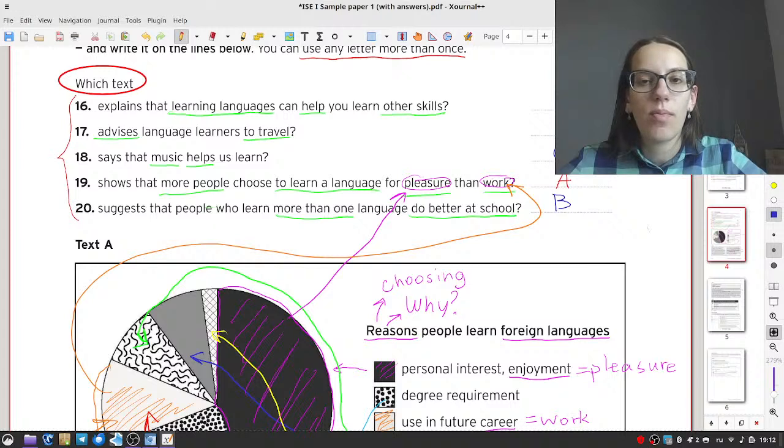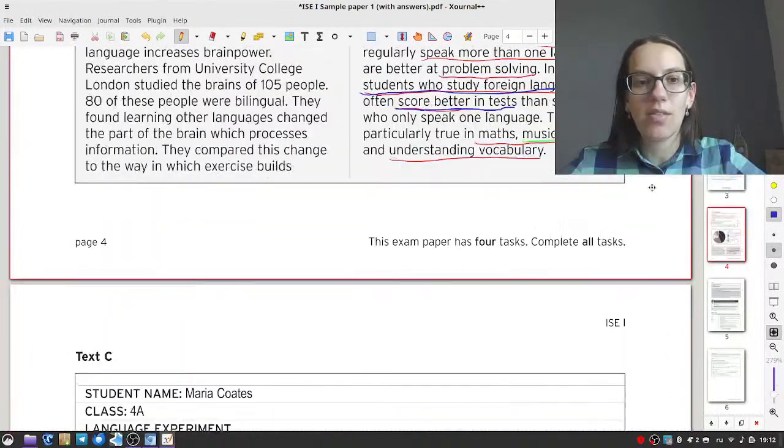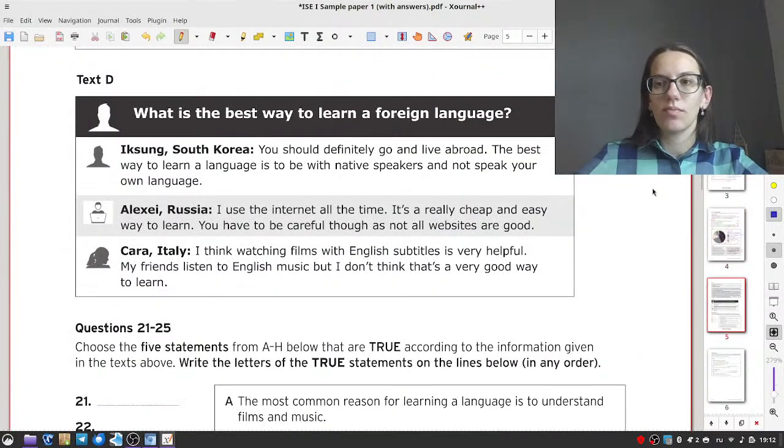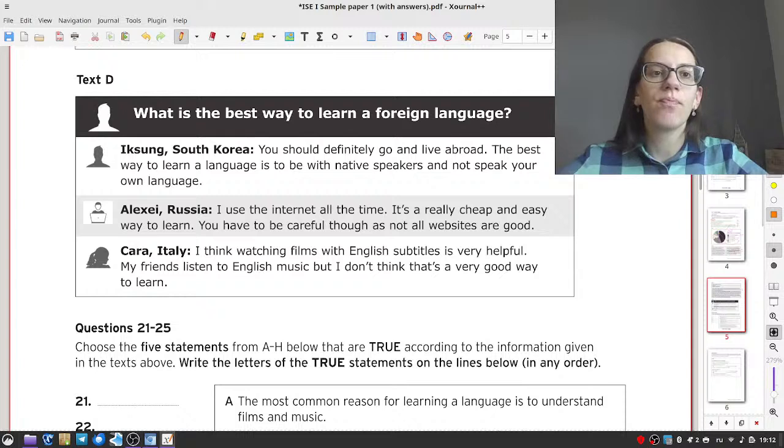So no, text C only answers question 18 and nothing else. And well, of course, it looks like the last one should be D, but we need to check that it's true because, well, it's easy to make a mistake when we don't check. So let's check that it's true.